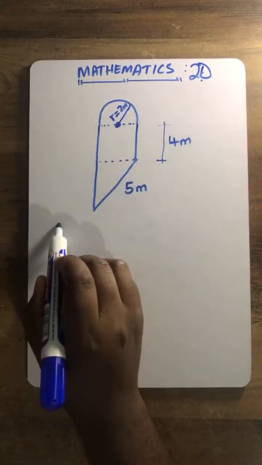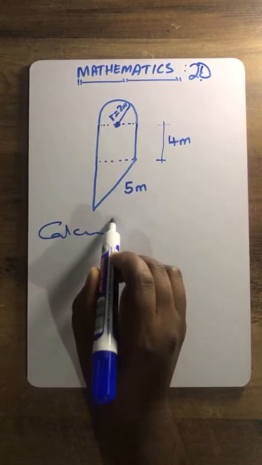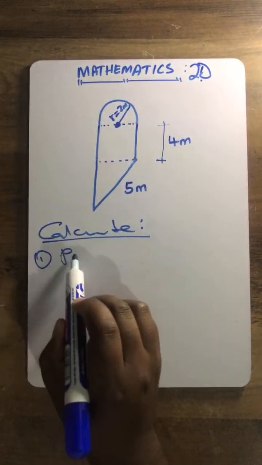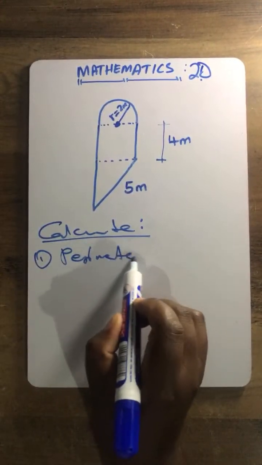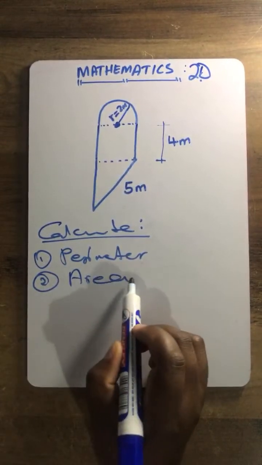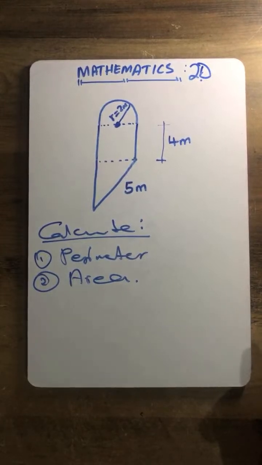It is doable, honorable members. Calculate number 1, the perimeter, and then number 2, the area. I don't know what that shape is, but trust me, it is a shape that came out of my mind, and I think it is also worth giving it a try.